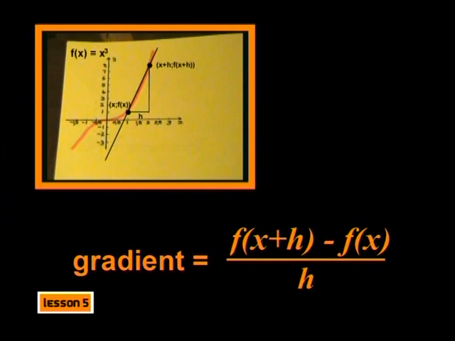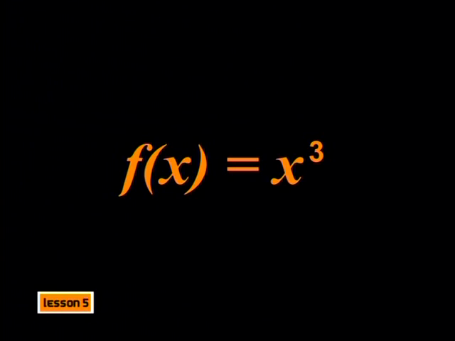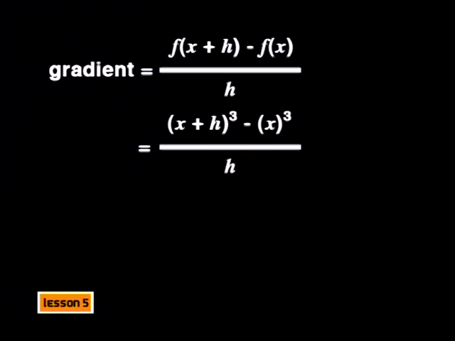Once again, the gradient becomes f of x plus h minus f of x, divided by h. This time, f of x is x cubed. So the top line of this gradient becomes x plus h cubed minus x cubed.